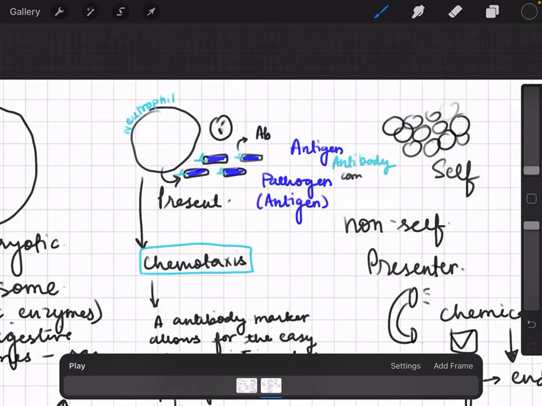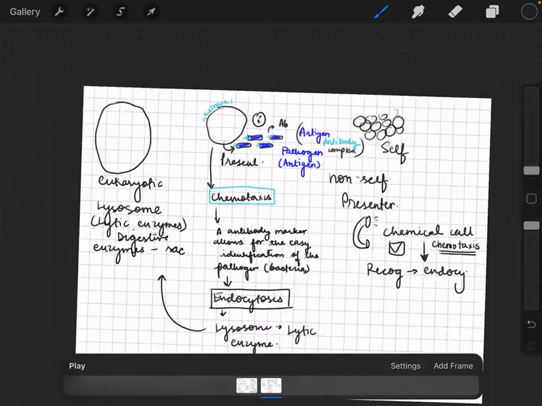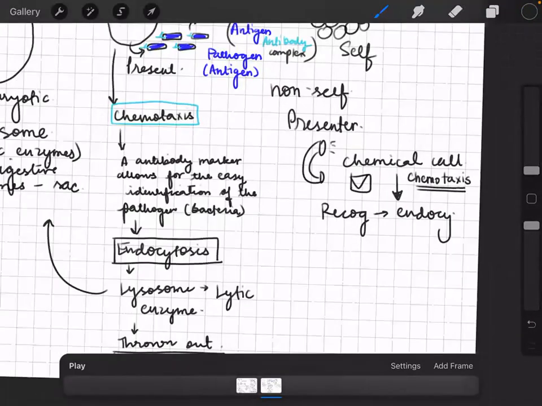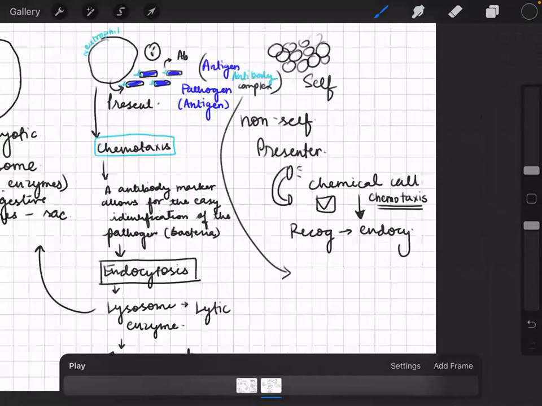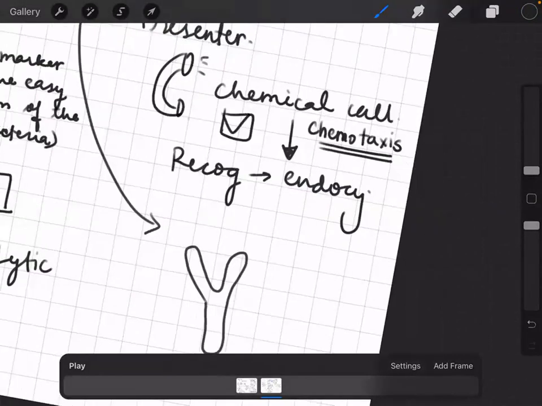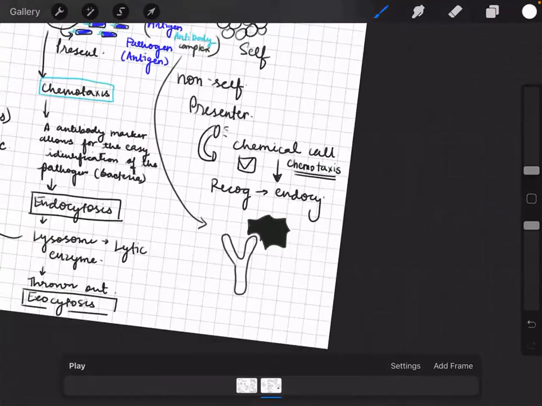And it works exactly the same way that your enzyme and substrate complex works. So it basically looks something like this. If this is your antibody, each antibody is going to have a specific site to which the pathogen comes and attaches, and then this pathogen can be sent for the process of neutralization.